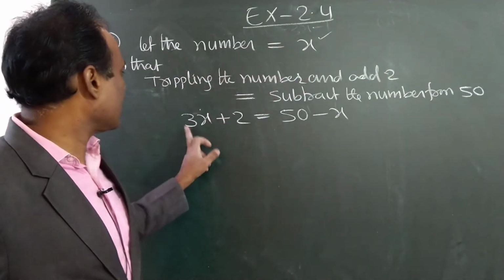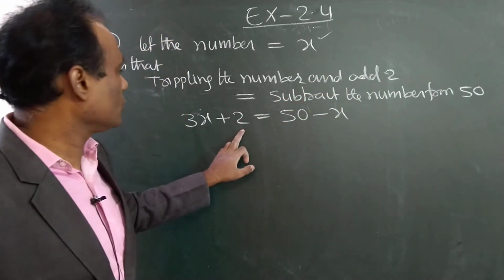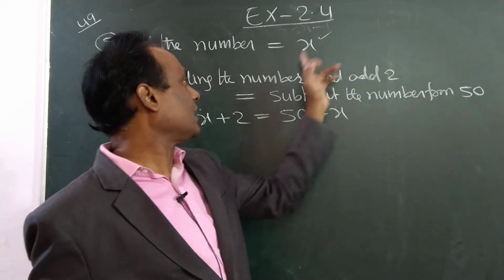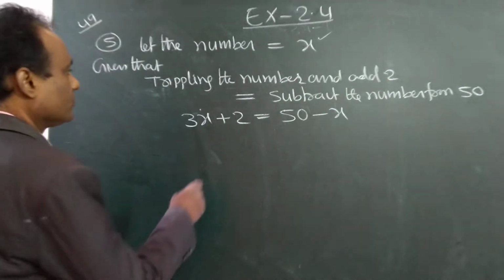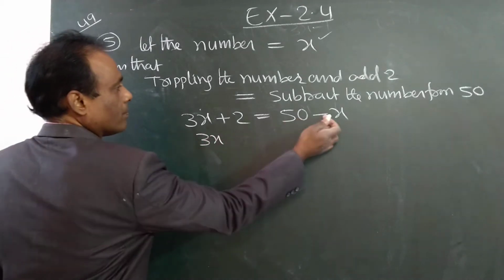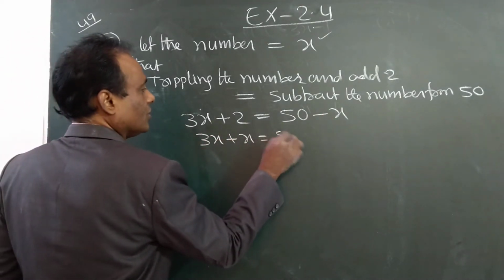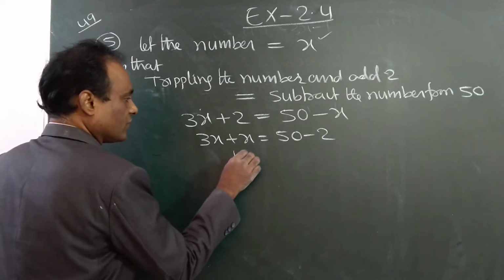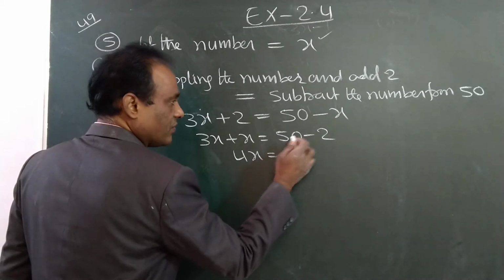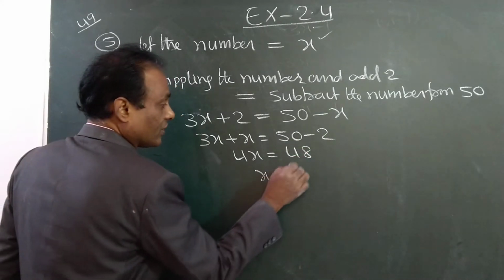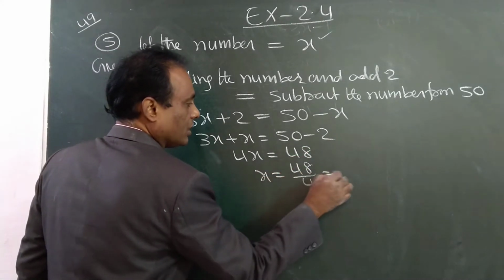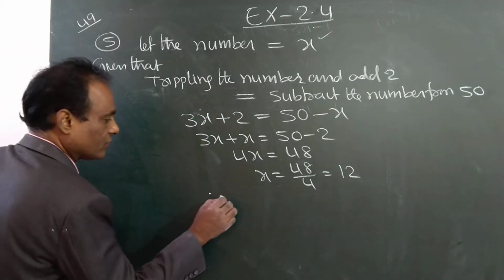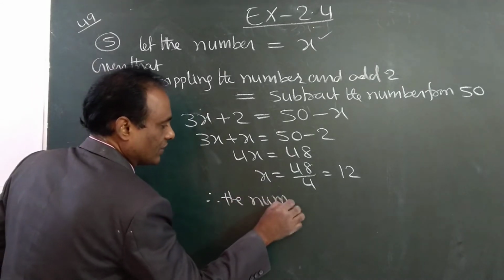Tripling the number is 3x, add 2, that is plus 2, is equal to 50 minus x. 3x plus x on this side, 50 minus 2 on that side. So 4x is equal to 48, x is equal to 48 by 4, which is 12. So therefore the number is 12. This is the answer.